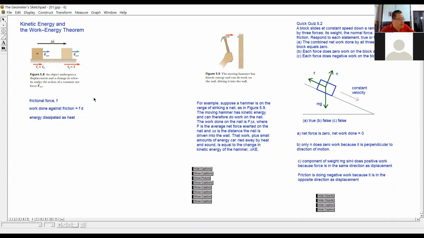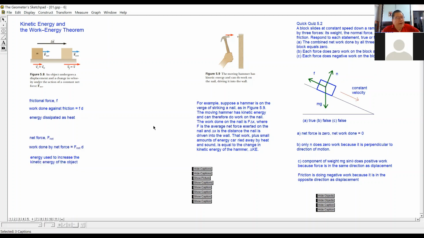Of course, on the surface of snow you don't hear the sound, but on a dry surface, not only can we feel the heat produced by the friction, we can also sometimes hear the screeching sound when you drag something along the floor. So this work done against frictional force is dissipated as heat energy and sound energy.